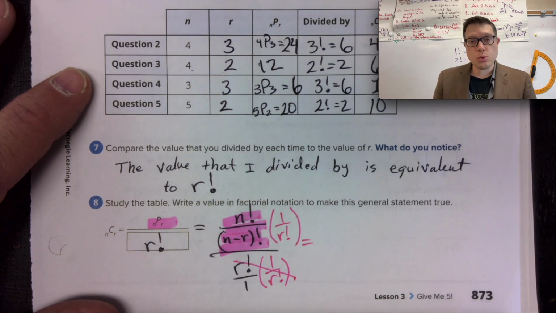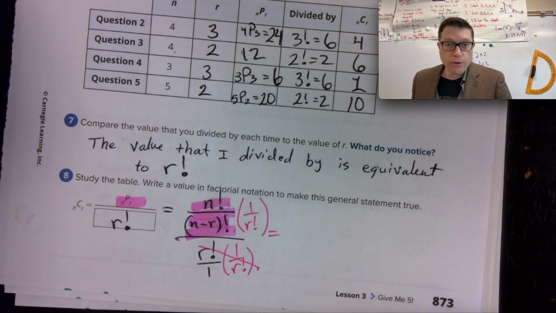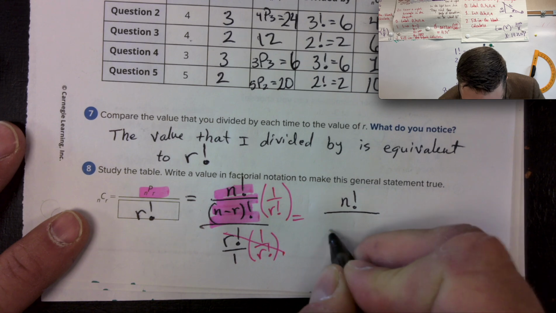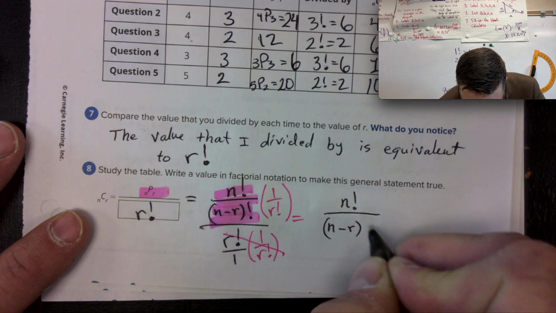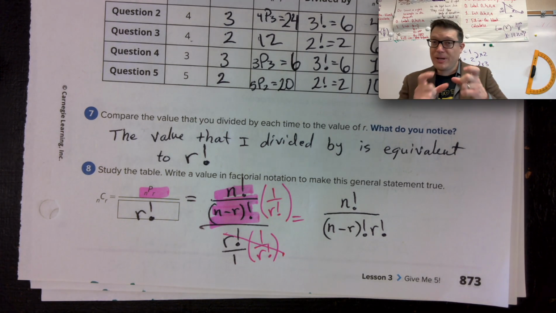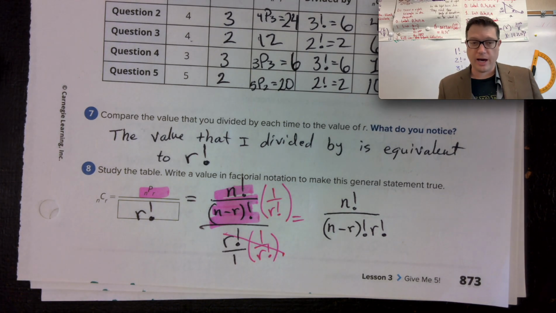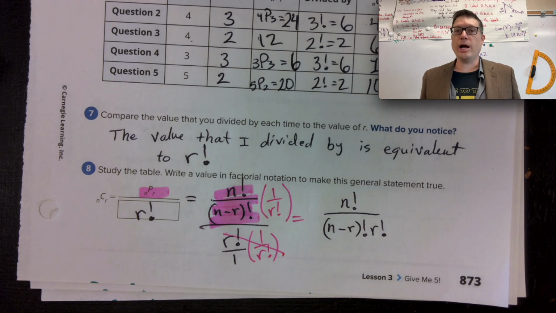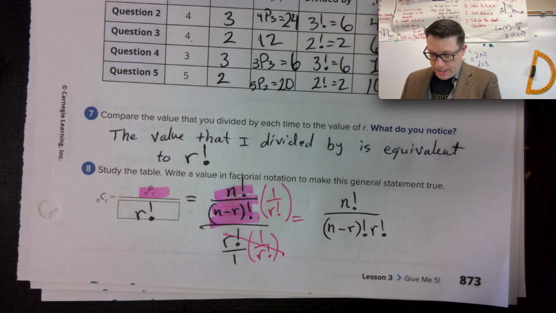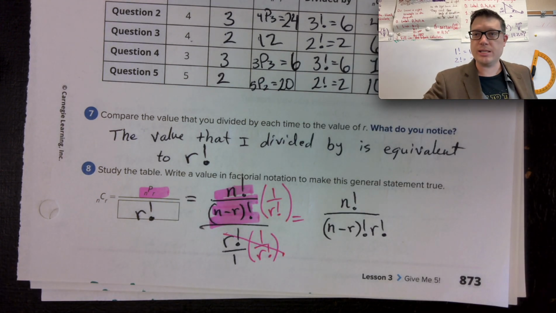So then the actual nice factorial formula is n factorial over n minus r factorial times r factorial. All of those pieces matter when we're talking about arrangements of items. I just want to make sure that you are clear on how those arrangements of items can be used to exist. This has been page 873. Thank you for watching. I'll see you in the next episode.